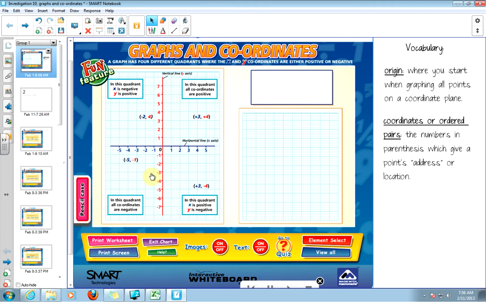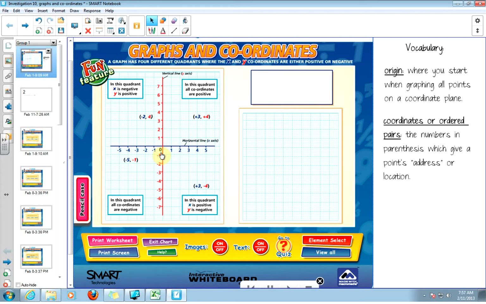The first number in the ordered pair is the x-coordinate and gives a point's horizontal position. We've already talked about horizontal and that it goes from left to right. It describes the number of units to the left or right of the origin. Remember, your origin is where you start when graphing all points on a coordinate plane, and its ordered pair is 0, 0.